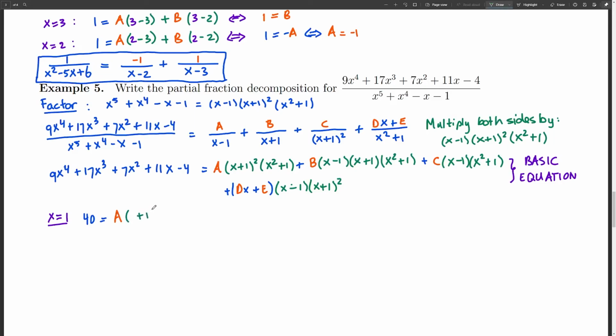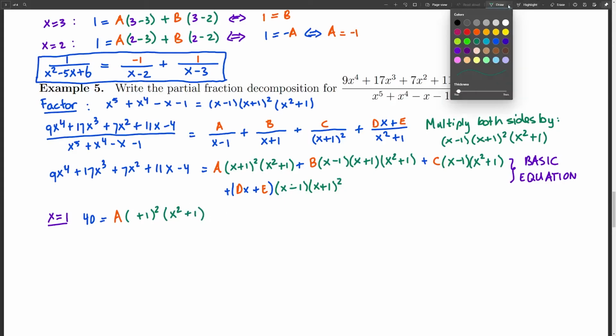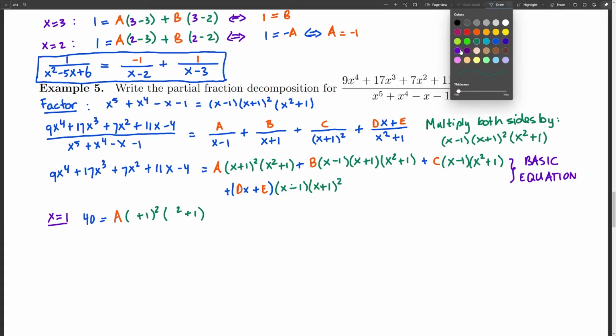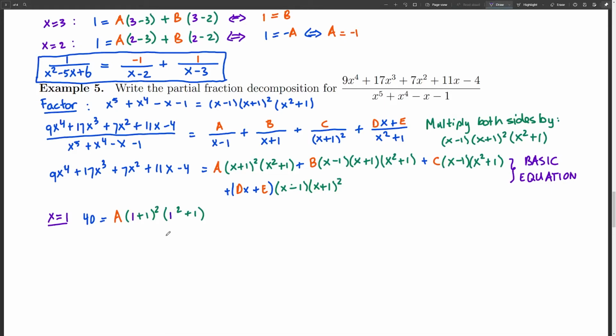So we're going to plug in our smart value of 1 into x plus 1 squared, and then x squared plus 1. So when we do that, we get 1 plus 1 squared, and then we get 1 squared plus 1. So that first factor is 2 squared.